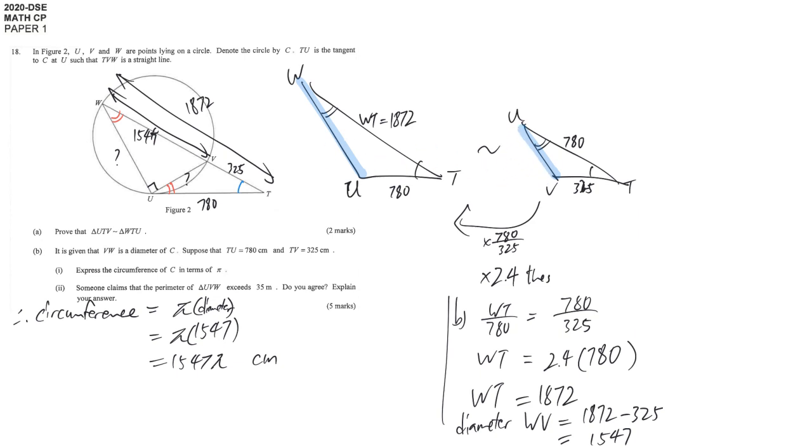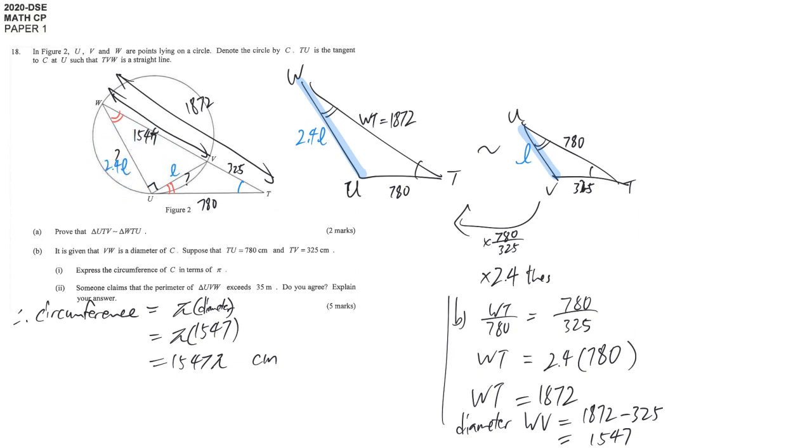If you let this length be L, then you know that every length is 2.4 times here. So the corresponding length here is 2.4 times L. If we put it back here, it is L and 2.4 L. Because this is the diameter, we know this is a right angle, so we can apply Pythagoras' Theorem to write down the relation between these three lines.